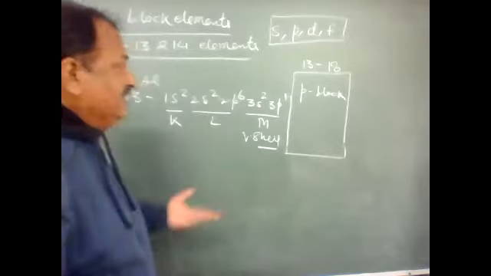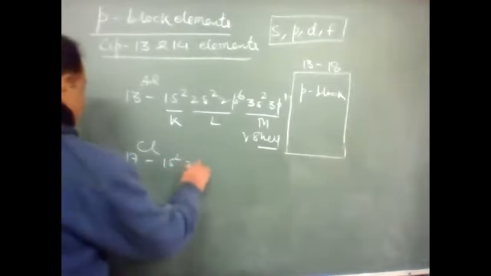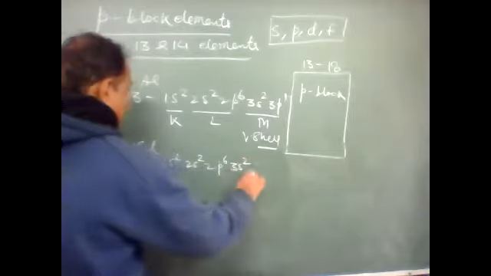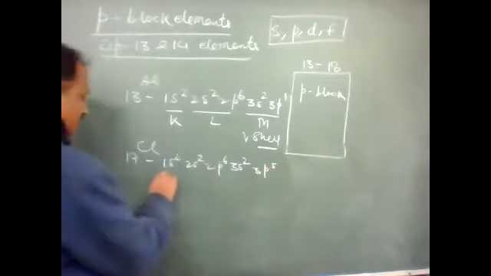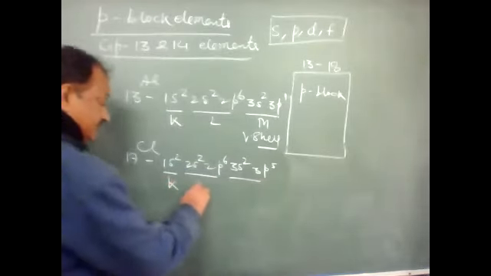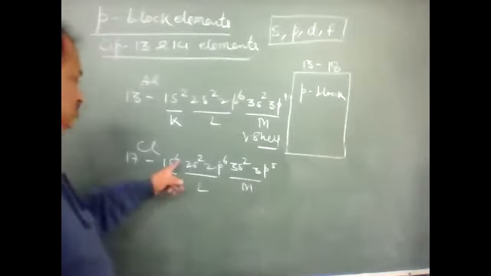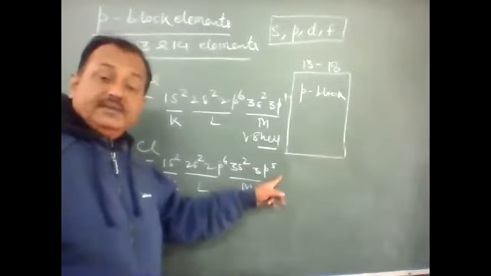So aluminium belongs to the P block. Similarly, we can take any other. Let it be chlorine. Chlorine is 17: 1s2, 2s2, 2p6, 3s2, and 3p5. So this is K, the first shell, this is second, this is third. So 2, 4, 6, 8, 10, 12 and 5, 17.